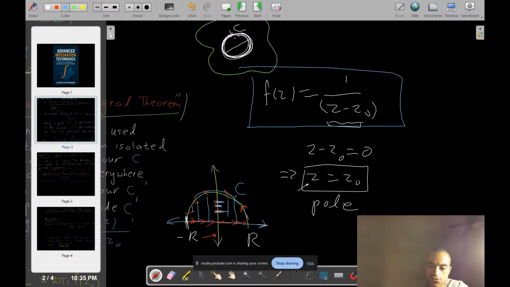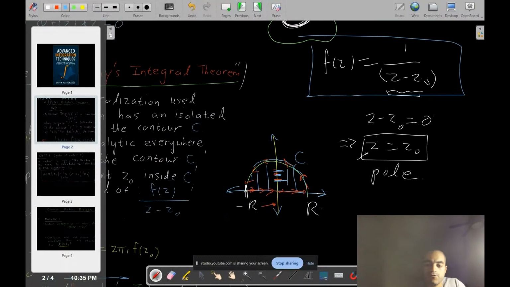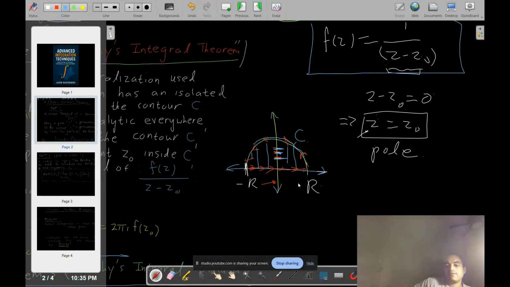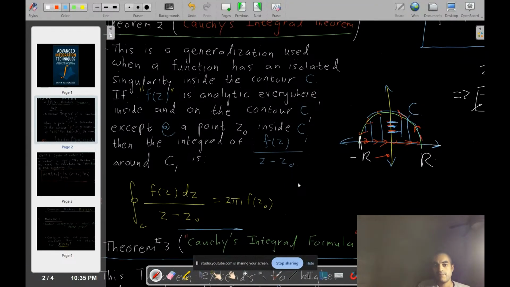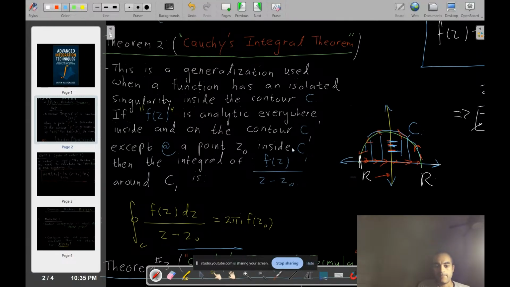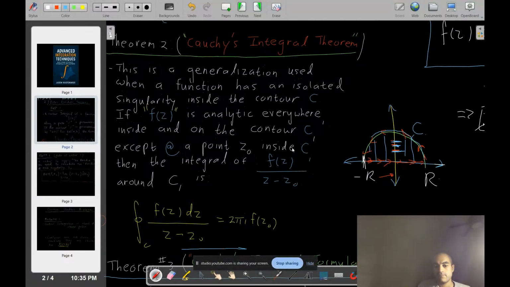Z0 is the pole, just that specific point on our plane, but as it says here, it has to be inside and on the contour C. Otherwise, this theorem will not apply. I'll also mention this, except at the point Z0. It has to be analytic everywhere except at Z0.